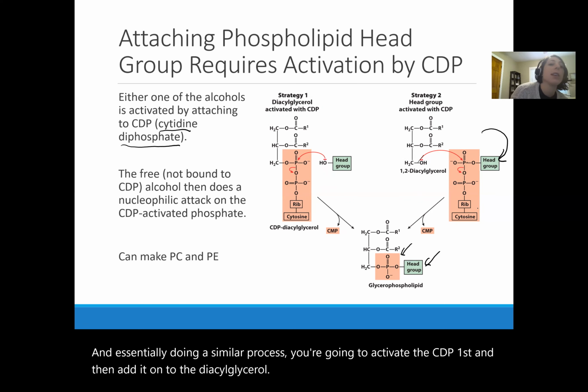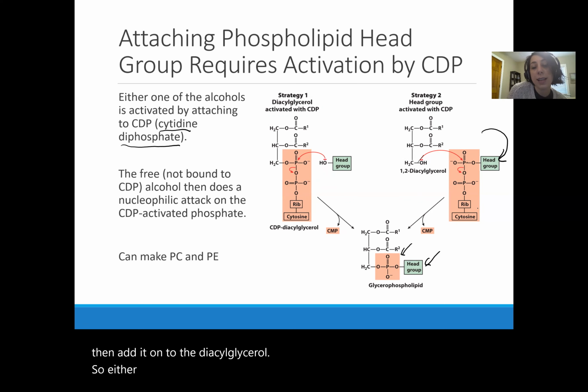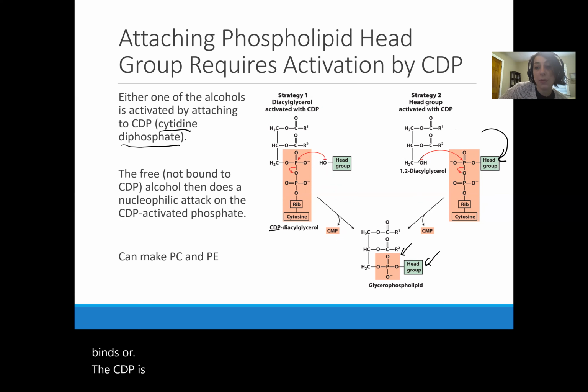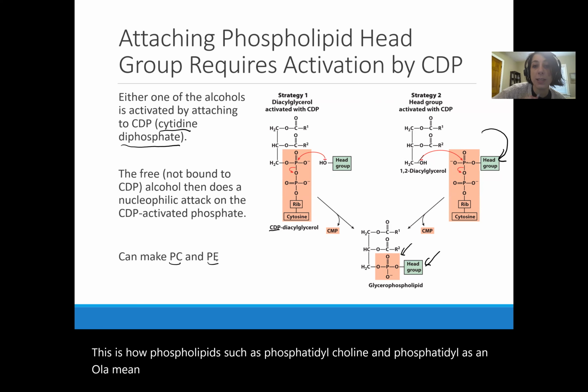So either the diacylglycerol is activated with a CDP and then a head group binds, or the CDP is activated with the head group and then binds onto the diacylglycerol. This is how phospholipids such as phosphatidylcholine and phosphatidylethanolamine are made, through this process using the activation of CDP with a diacylglycerol.